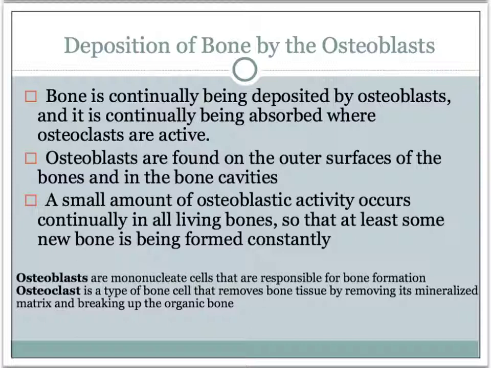But I'm going to tell you how bone is actually made, the ossification process, and it's continually being deposited by osteoblasts. There are two different types of cells here. There's the osteoblast, which makes bone, and osteoclasts, which will remove bone tissue and break it up. So osteoblasts make bone, osteoclasts will remove that bone tissue and take away bone.